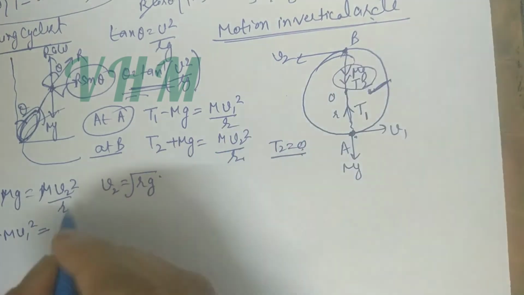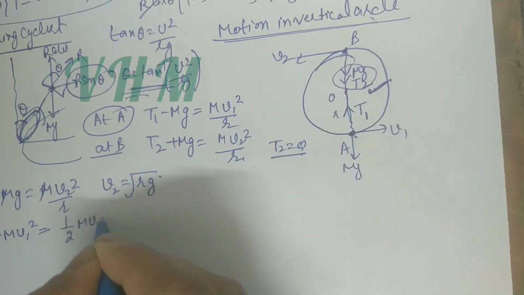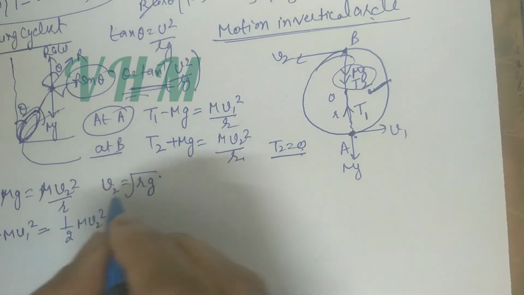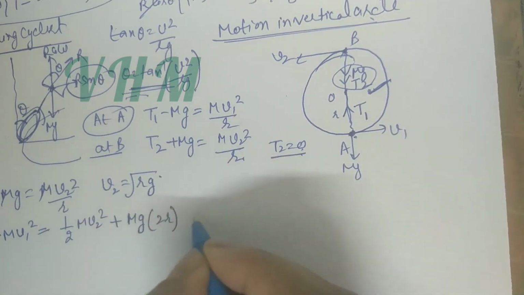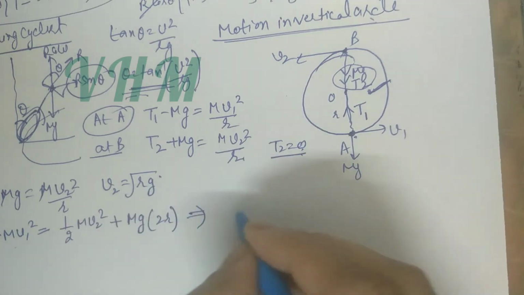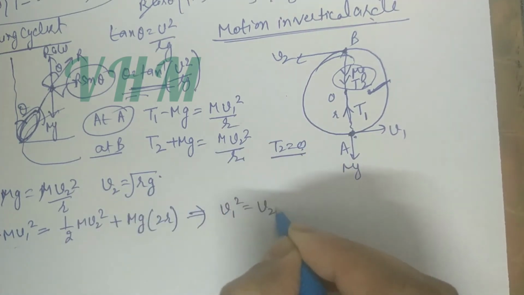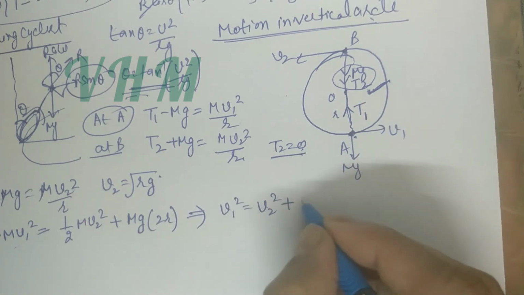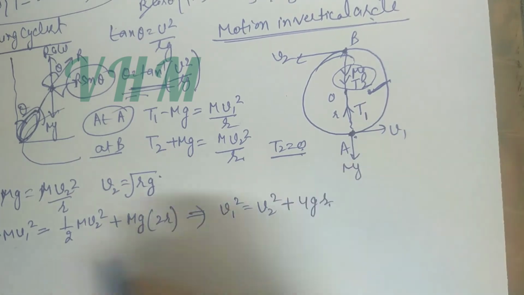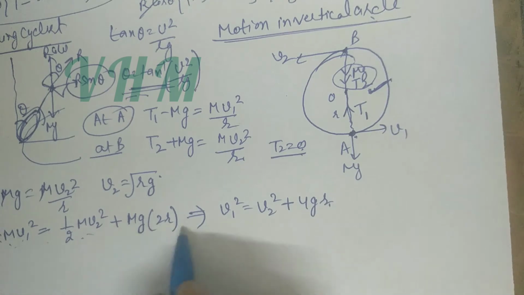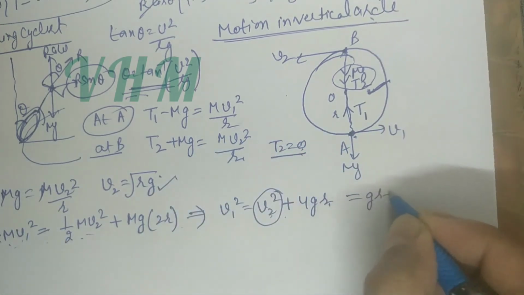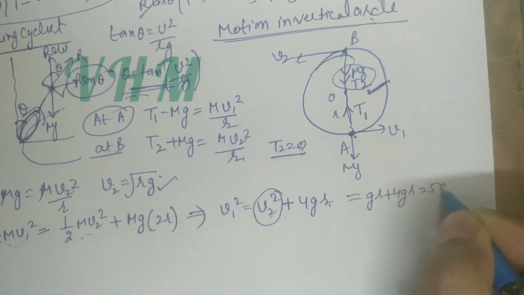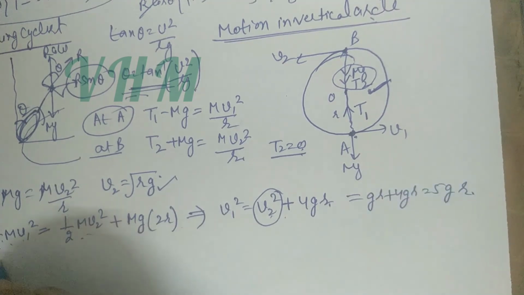But at point B, there is kinetic energy and also potential energy mgh, here 2r, so this equation gives half v1 square equals half v2 square plus 4gr. M is cancelled, half, then 4gr. Now what is this? gr plus 4gr, that is 5gr, which means v1 is under root 5gr.